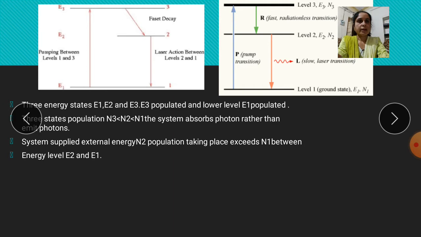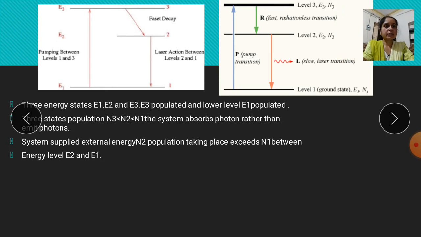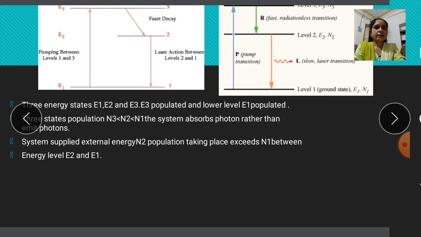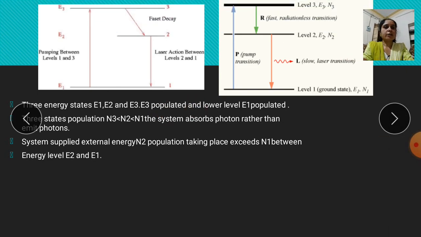Spontaneous decay occurs from the second level to the first level. In these processes, E1, E2, E3 are the three energy levels considered as populated. E3 populates from the lower state, energy level E1.